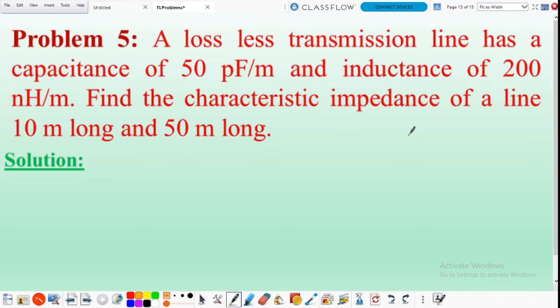So given that a lossless transmission line is there, solution.